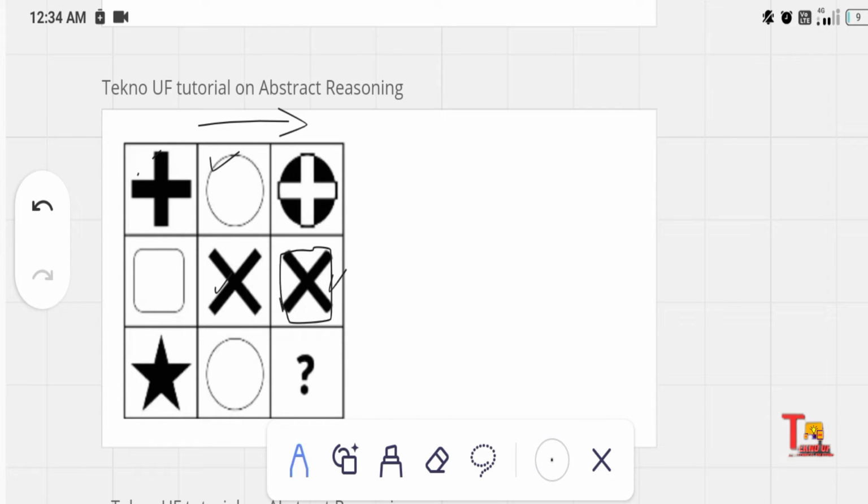And in the third row this is a star and this is a circle, and what should be here, right? Just look at this. Column 1 plus column 2 is equal to column 3. That means just observe this. Inside the second column, the first column is imposed.